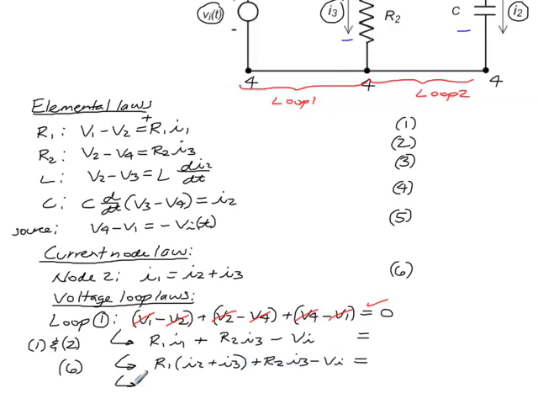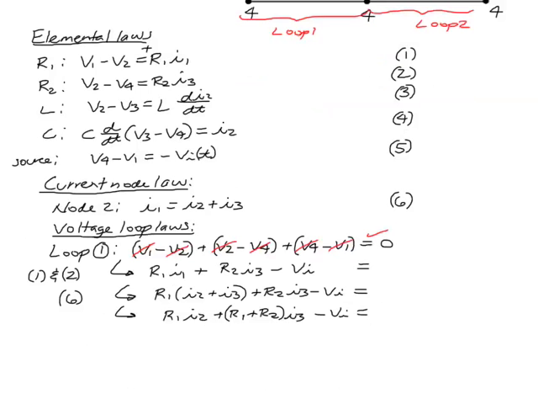And I group together terms, I get R1 I2 plus R1 plus R2 I3 minus VI. So from this one equation then, we get that the current I3, we can solve for that in terms of I2.